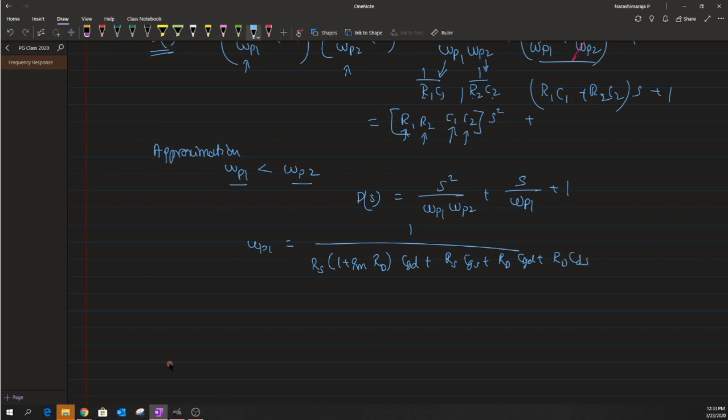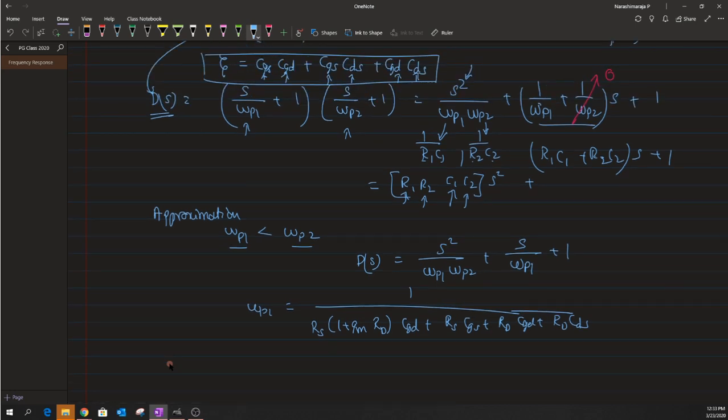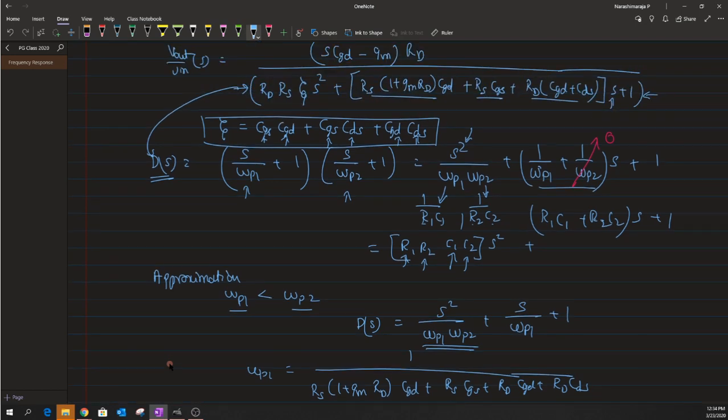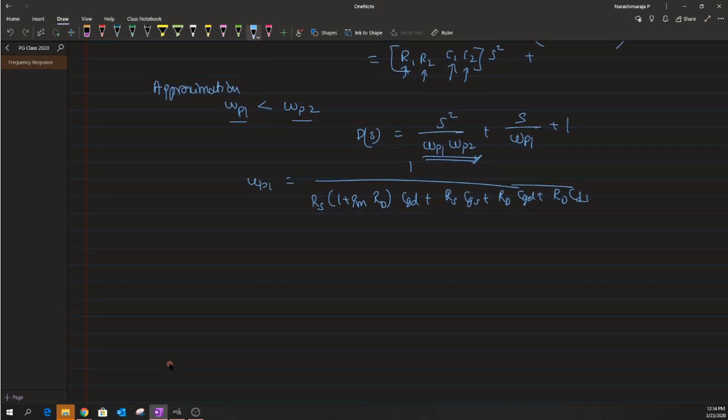And now I just want to strip out the value of omega p2. That could be done just by looking at this particular S square polynomial coefficient, which we know has two poles in it. So I'm just going to compare this expression with the coefficient of this S square, which would be something like omega p1 times omega p2, which is 1 upon this term, supposed to be equal to Rd, Rs, and the factor of eta.